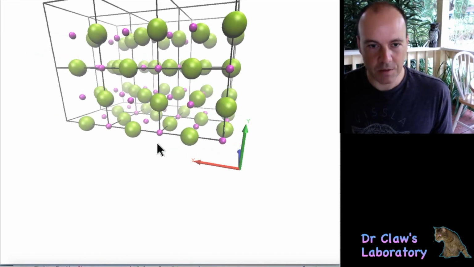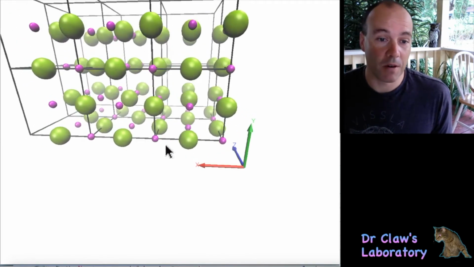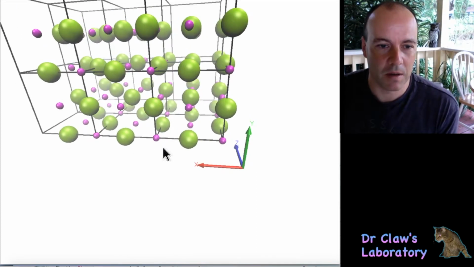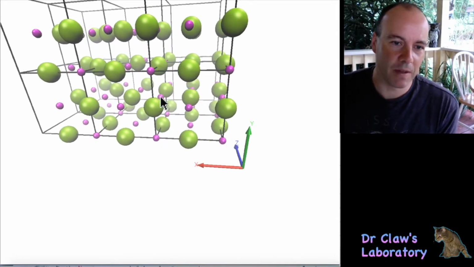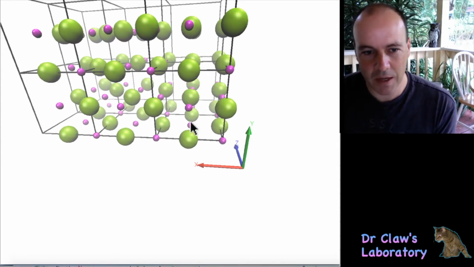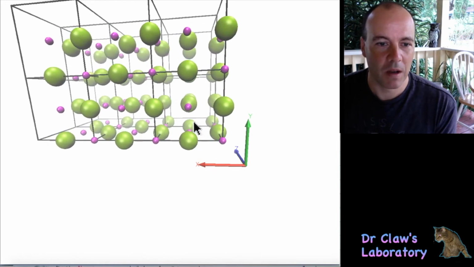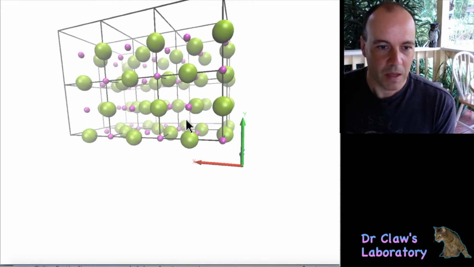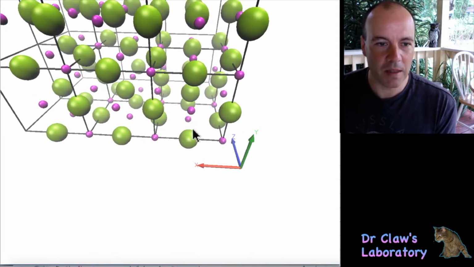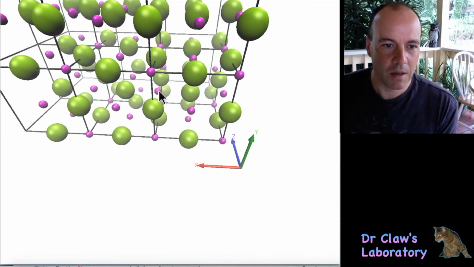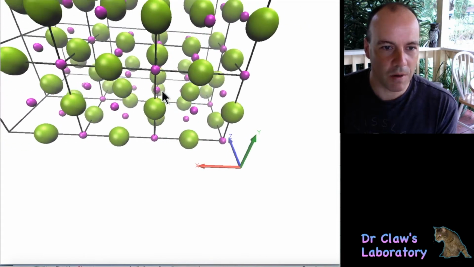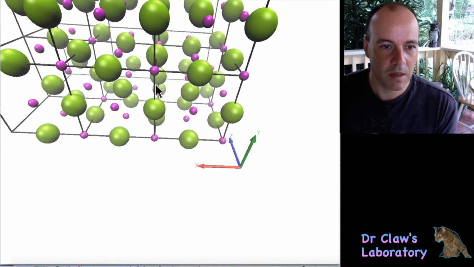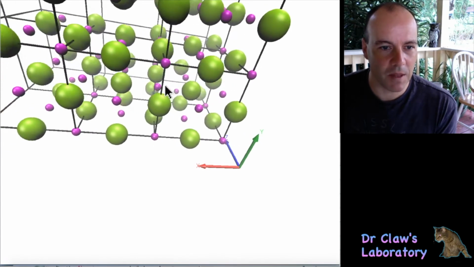Let's first answer the question that asks how far away those neighbors are. So if you look at this central chloride, well, it's obviously half of an edge length away from this neighbor, and also from that neighbor, and then half of an edge length away from all of the surrounding sodium cations. Okay? And same thing with the sodiums. If you look at this sodium right here, and its 6 chloride neighbors, it's half of an edge length away from them.